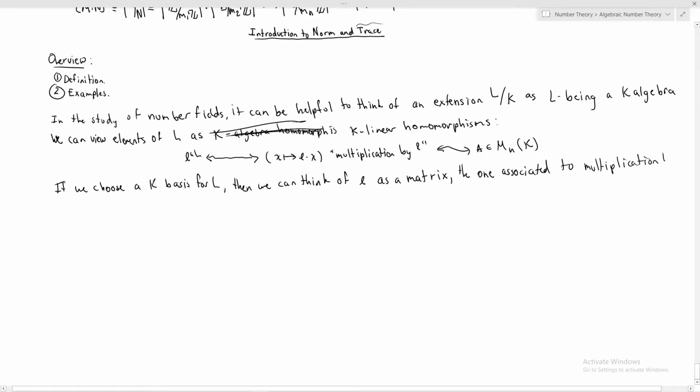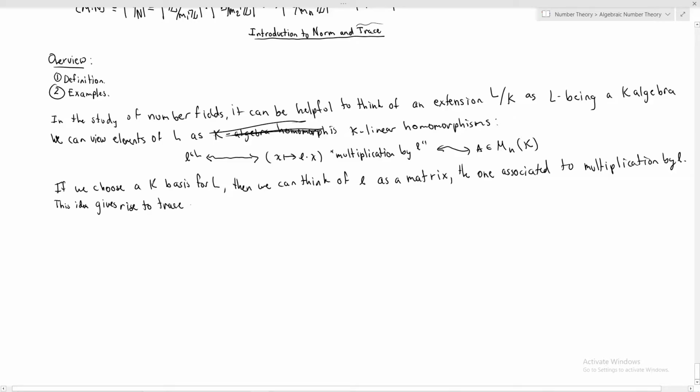This is the idea which gives rise to trace and norm.